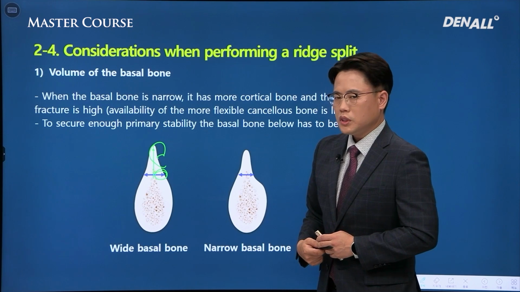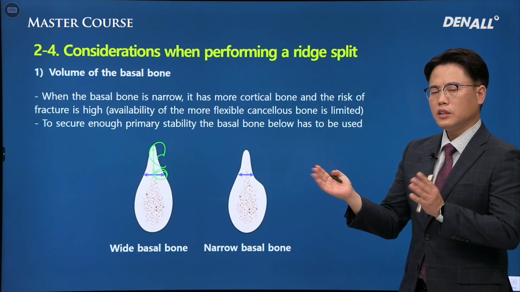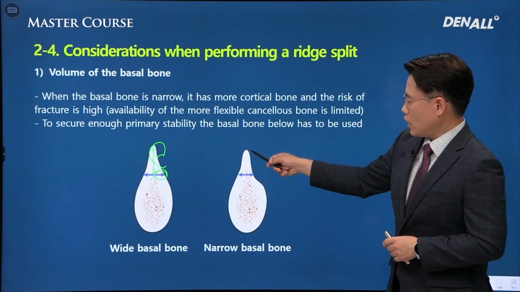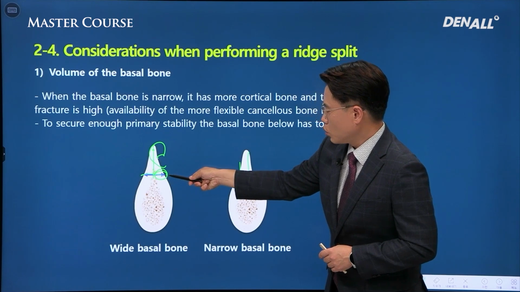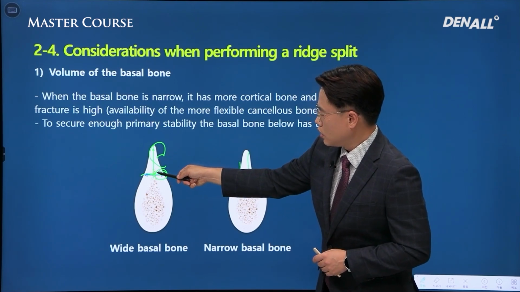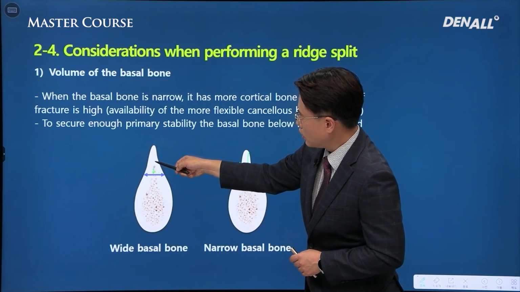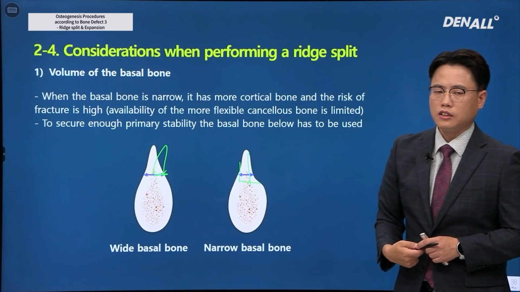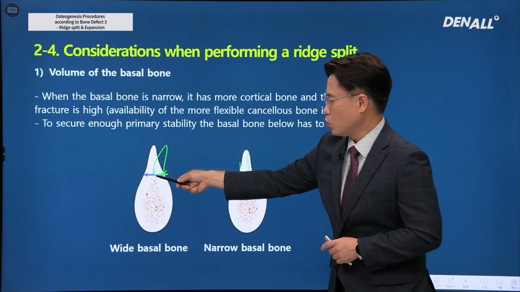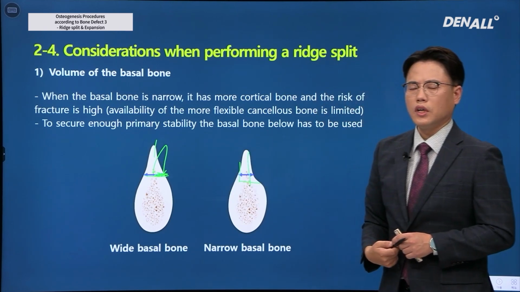If you look at the base of the ridge, this is where bending occurs. Rather than having narrow basal bone, if basal bone is wide, then it can have more resistance against a fracture when it is bent. In other words, the basal bone should be wide and the top part of the ridge should be narrow.